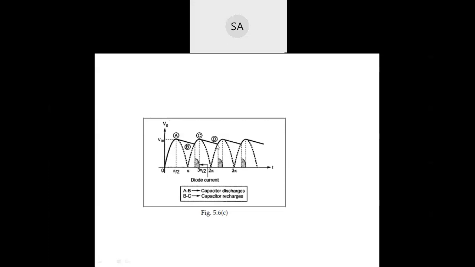This process repeats and you get a pulsating DC. The ripple is mostly removed, and the output is nearly equal to the DC value.